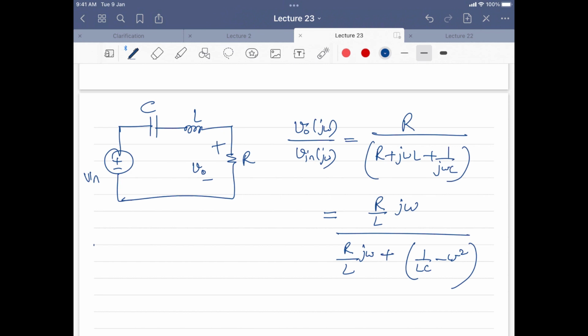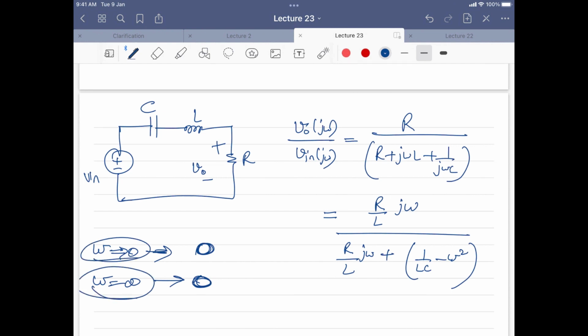So here you can tell what is the value at omega equal to 0. What will be the answer? 0. And at omega equal to infinity, what will be the answer? Again 0. So what can you think about it? At omega equal to 0 it's 0, and at omega equal to infinity also 0. That means somewhere in between it will be close to 1, or not?